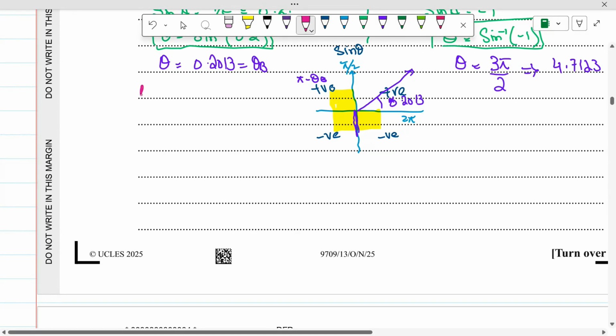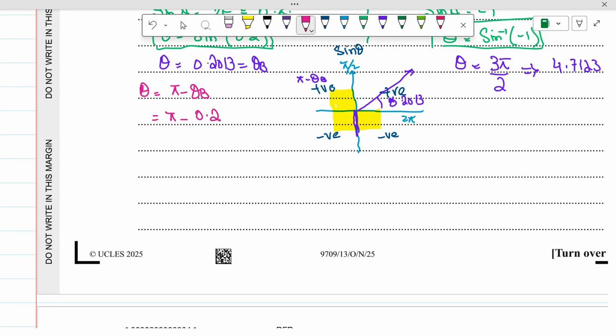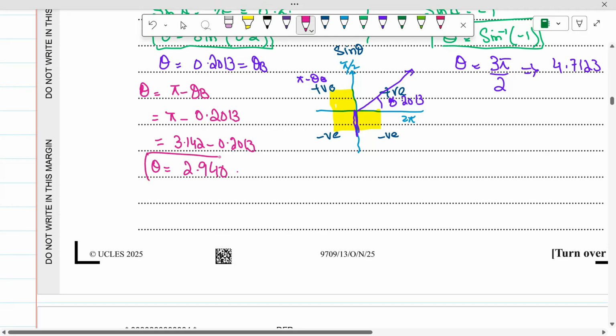So the angle in the second quadrant is equal to pi minus base angle, and the base angle is what we just calculated, which is 0.2013. Plugging in the value of pi, we will get 3.14 minus 0.2013, and theta is equal to 2.940. So this is the angle which satisfies the given range.